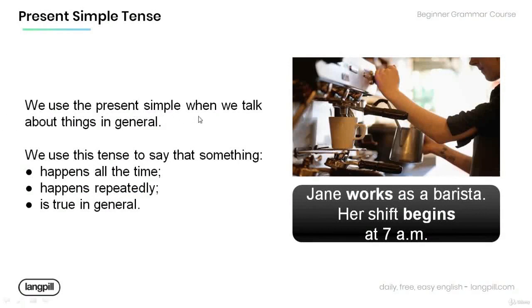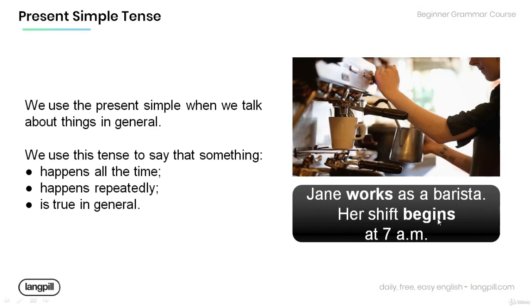Now, we use the present simple when we talk about things in general. Note that we use this tense to say that something happens all the time, happens repeatedly, and is true in general. Have a look at the example over here. Jane works as a barista.